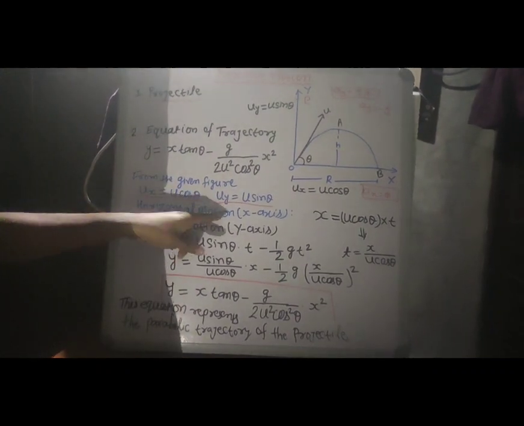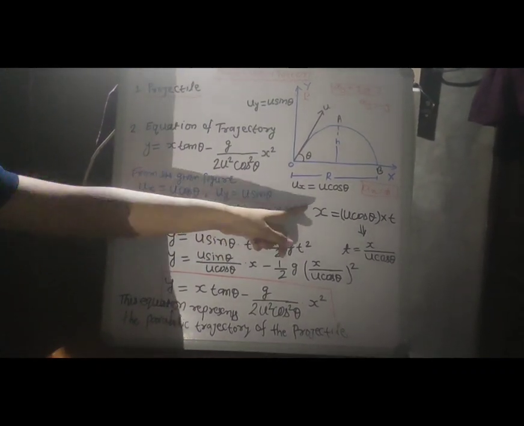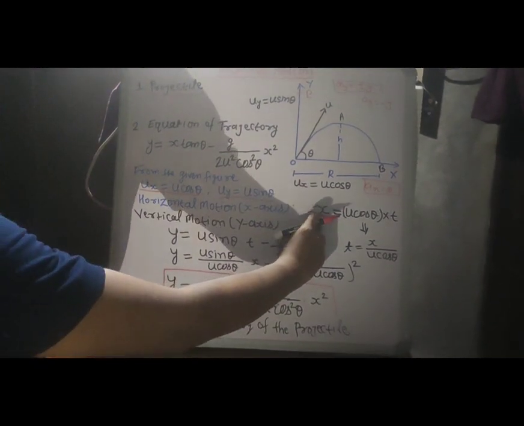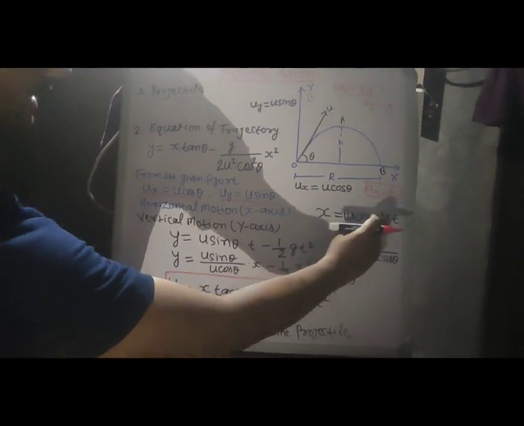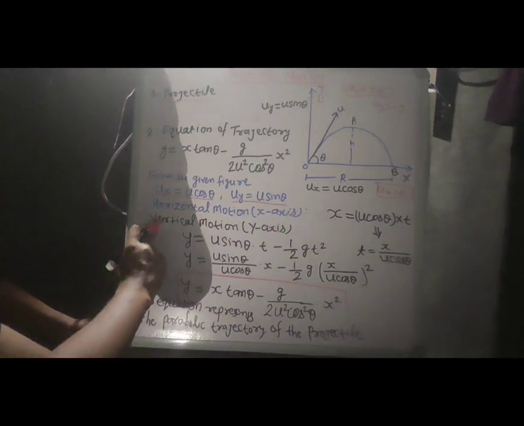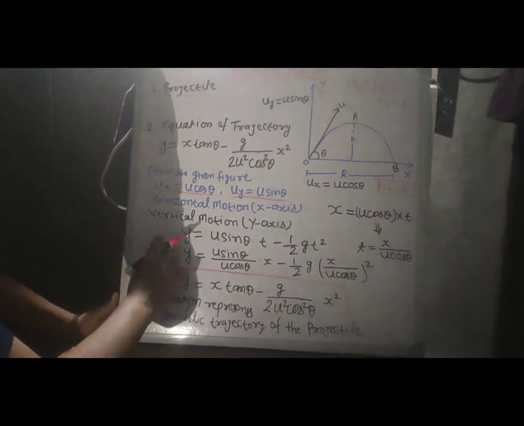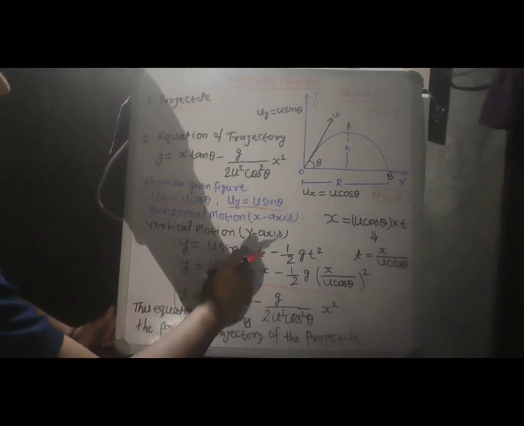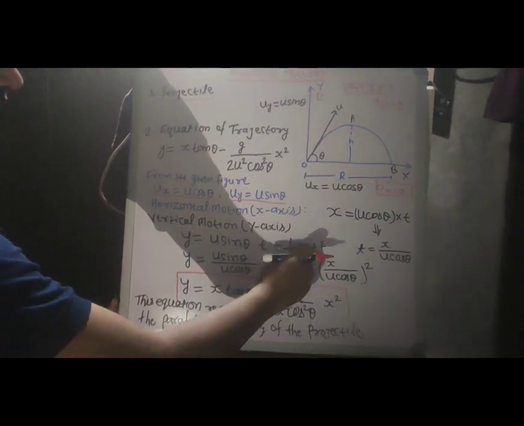We know that for horizontal motion along the x axis, the total distance traveled by the projectile is x equals u cos theta into t. Now for vertical motion along the y axis, y equals u sin theta into t minus 1 upon 2 g t square.